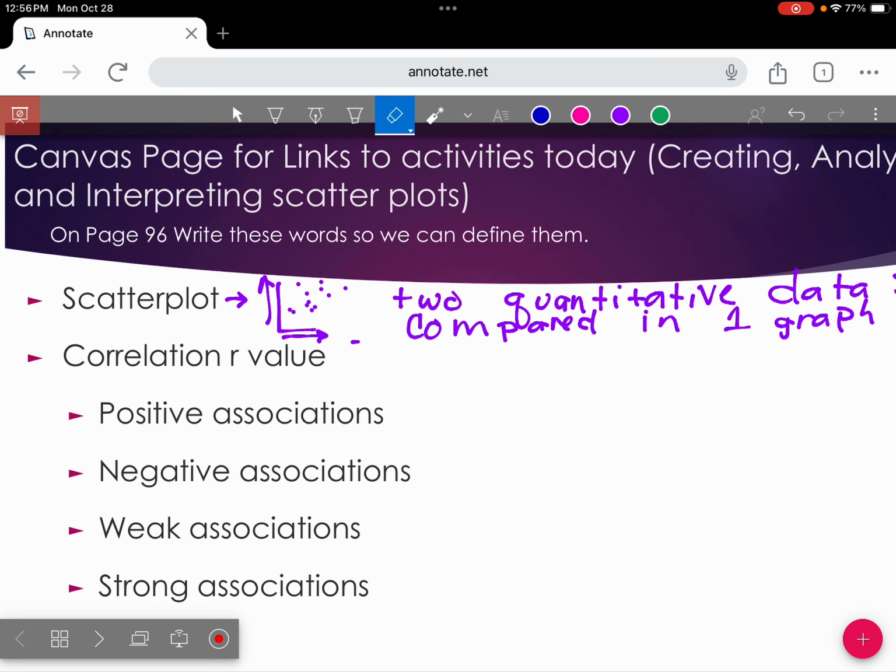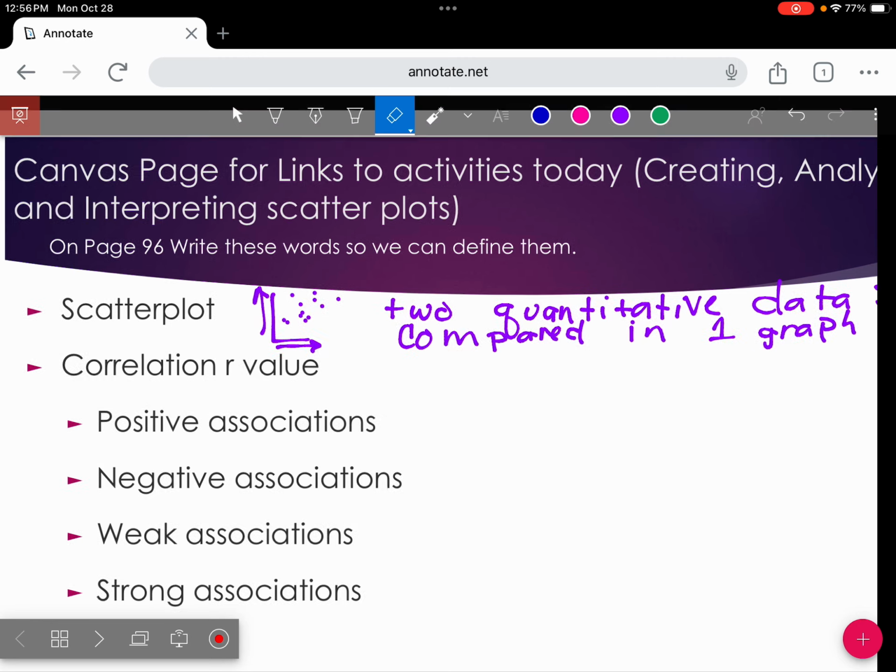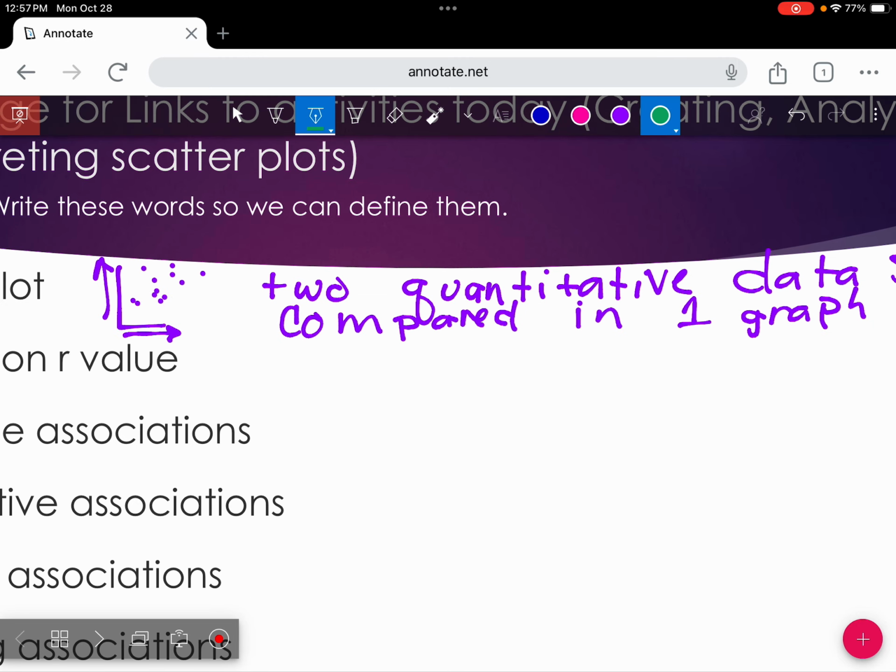Just going to erase that word. We have a tool that we use to measure how strong the correlation is in our two data. We talked about correlation is where they're moving kind of similarly. But there's a way to measure how strong that correlation is, and it's called the R value. And what that is, I'm going to write this here.